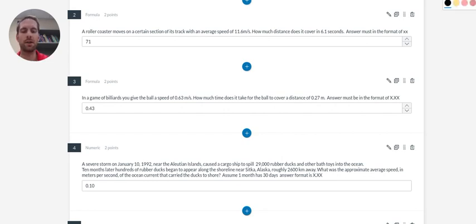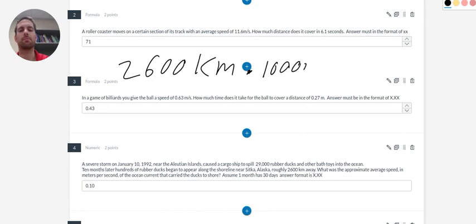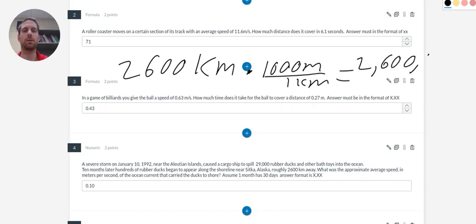The first one has 2,600 kilometers times 1,000 meters over 1 kilometer. That's going to convert that to meters, so 2,600,000 meters. That's our distance.